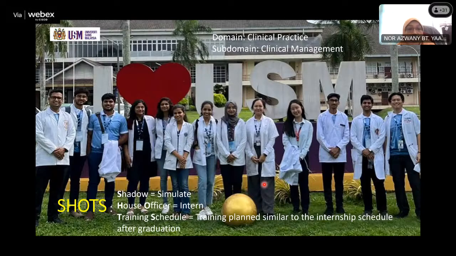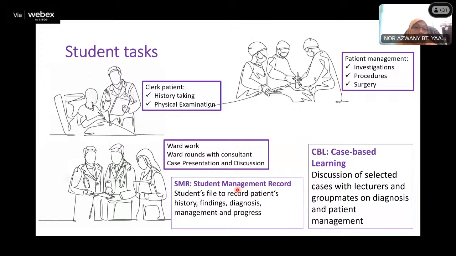SHOTS stands for Shadow House Officer Training Schedule, which is a training in final year planned similar to the internship schedule after graduation. So what they do is, in final year, they will do similar to a houseman, as a doctor working in the hospital.